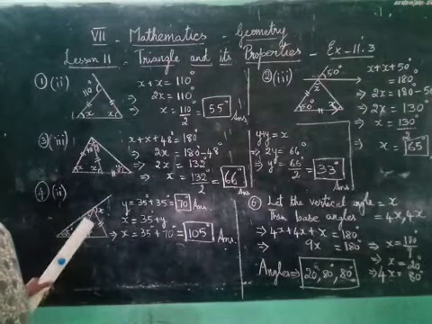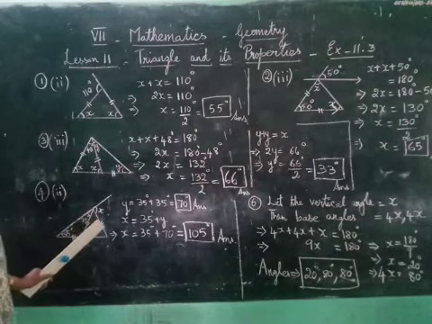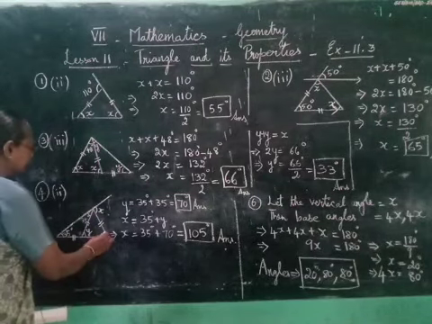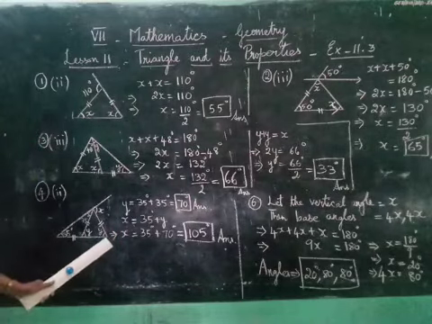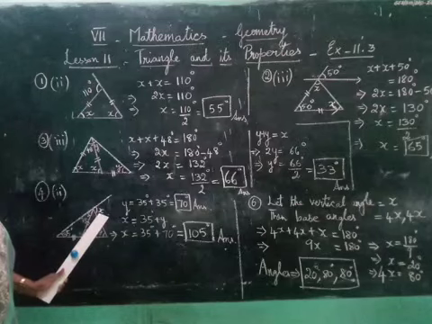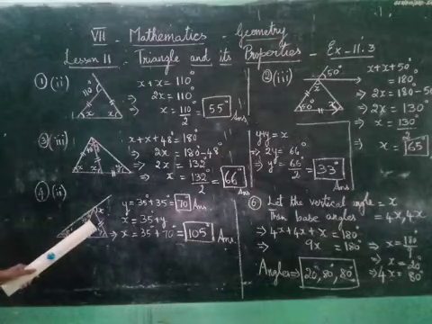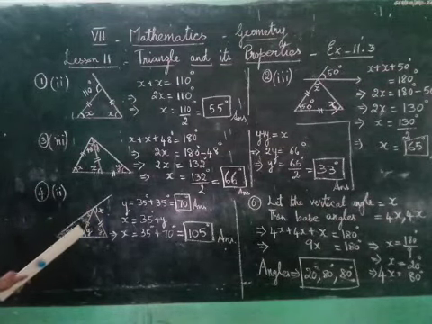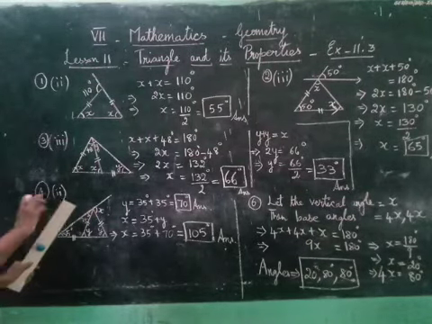Next we will go to the next triangle. Here again we have two sides to be equal, therefore two angles also will be equal, that is this angle y and the other base angle, that also is y. In this triangle also we have the exterior angle to be x, but this x, its exterior angle not for this smaller triangle but for the larger one, which includes both the triangles.